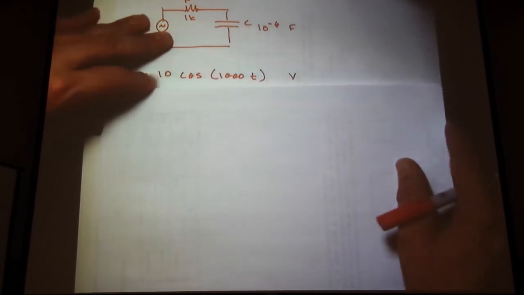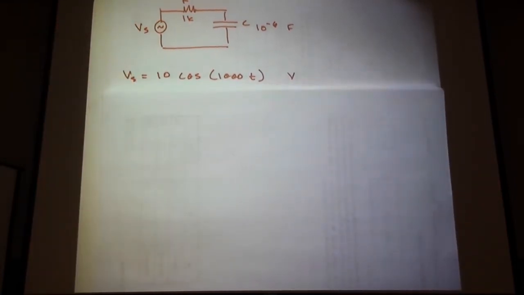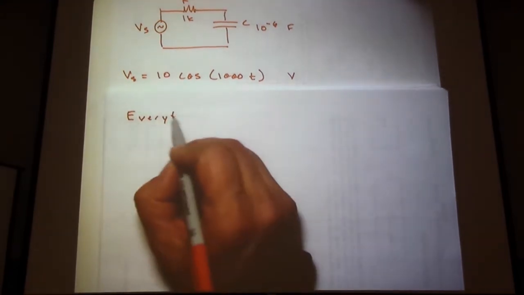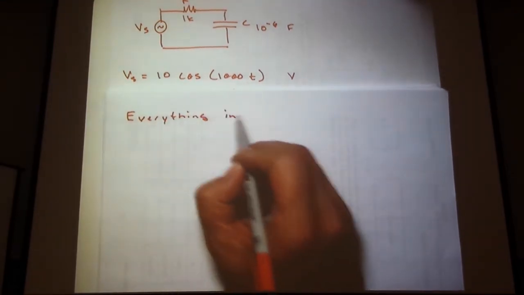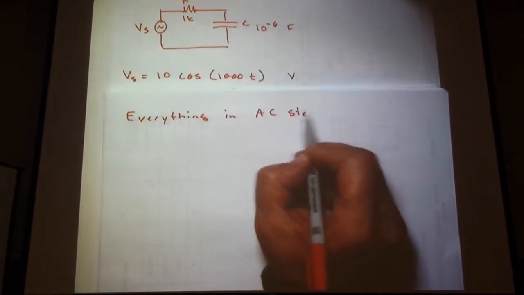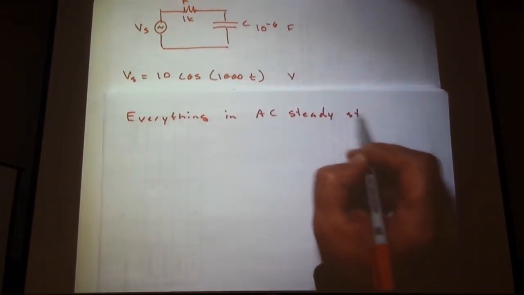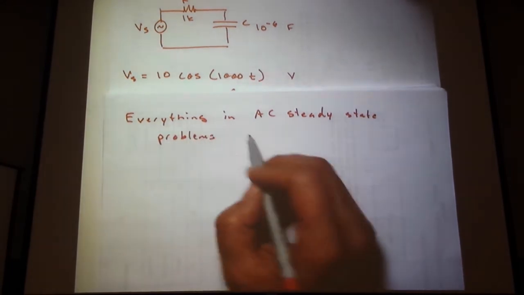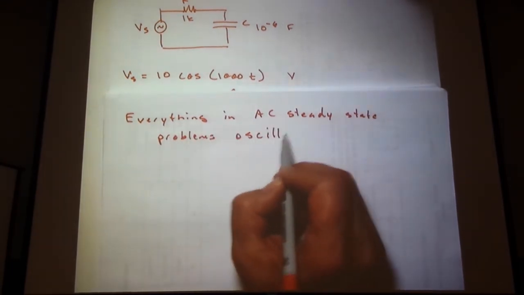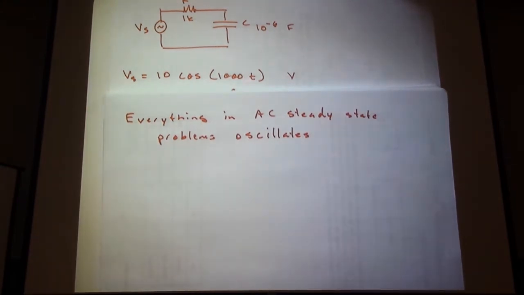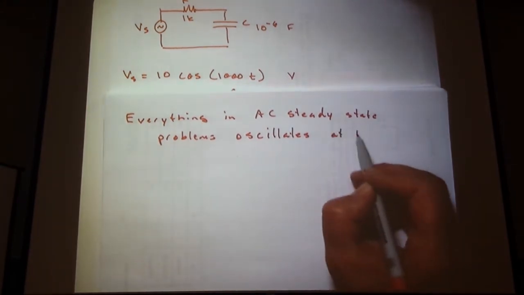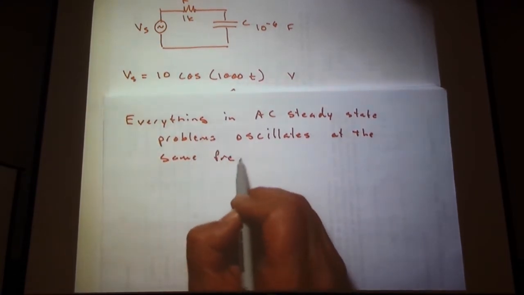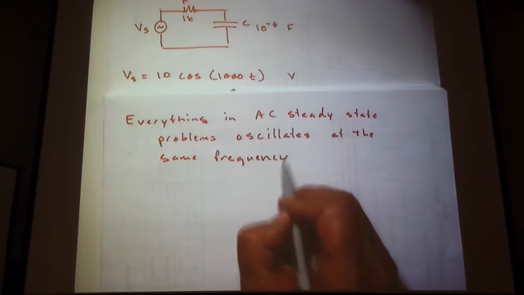There is some equivalence here. So everything in AC steady state oscillates at the same frequency. And we already kind of saw this a bit in Unit 2.